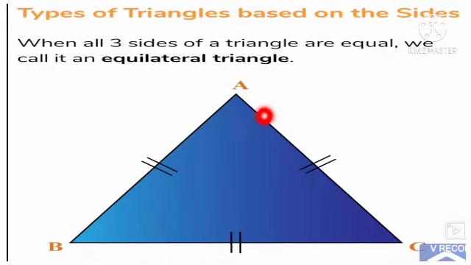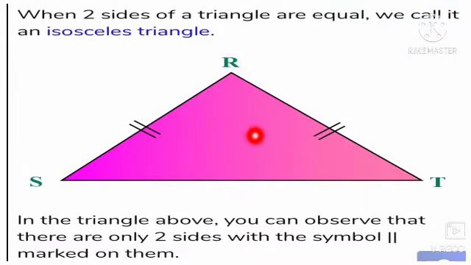Types of triangles based on the sides. When all the sides of a triangle are equal, we call it an equilateral triangle. When two sides of a triangle are equal, we call it an isosceles triangle. In the triangle above, you can observe that there are only two sides with the symbol marked on them.